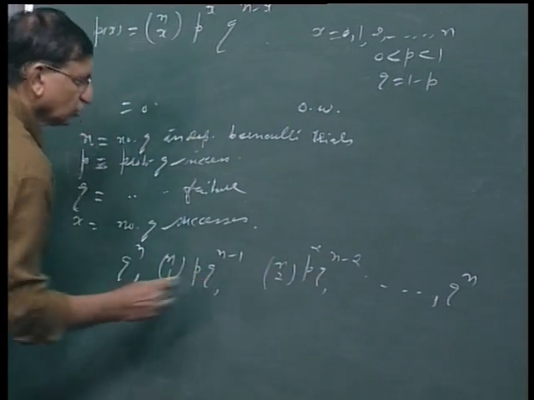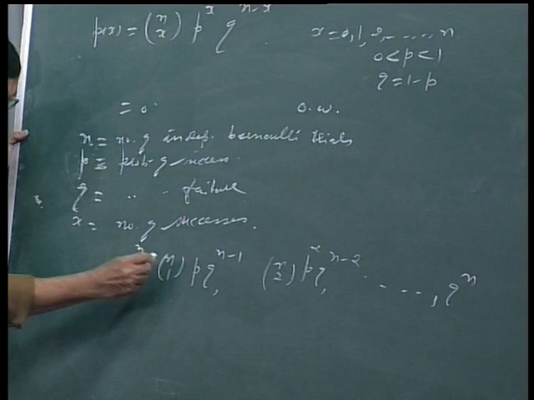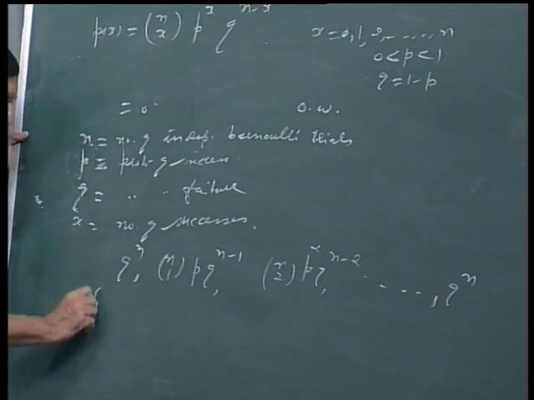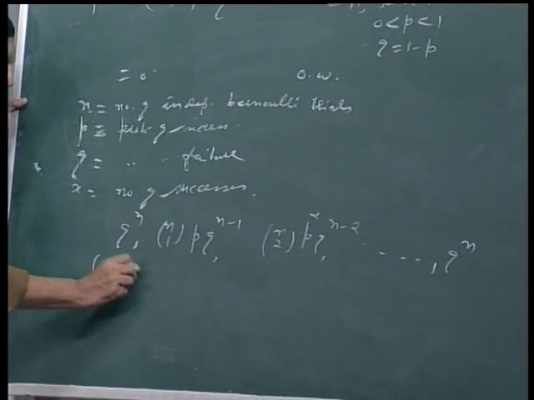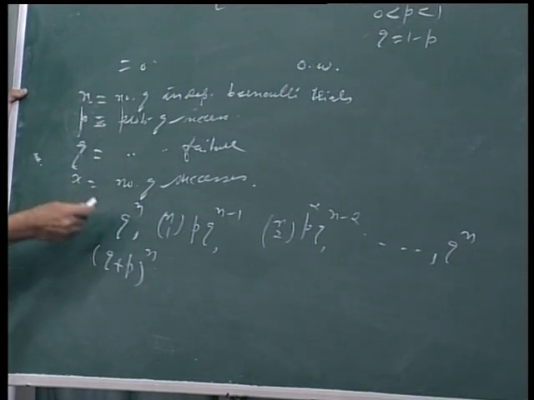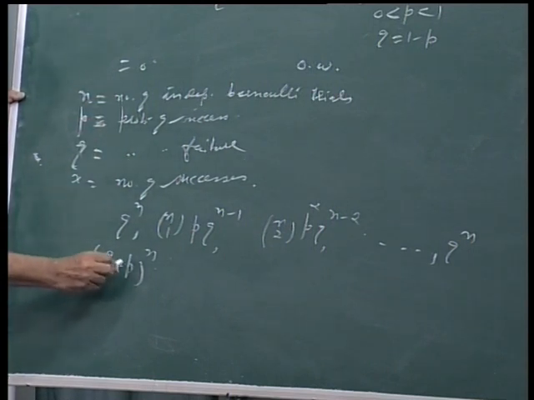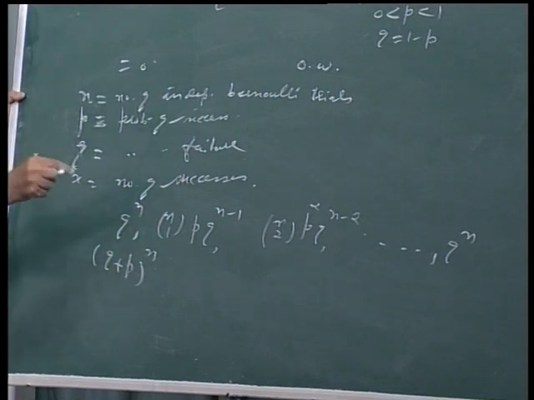These are the values for x running from 0 to n. So these are different terms of the binomial expansion of q plus p raised to n. Probabilities for different values of x are nothing but different terms of the binomial expansion of q plus p raised to n, and that is why this is called binomial distribution.